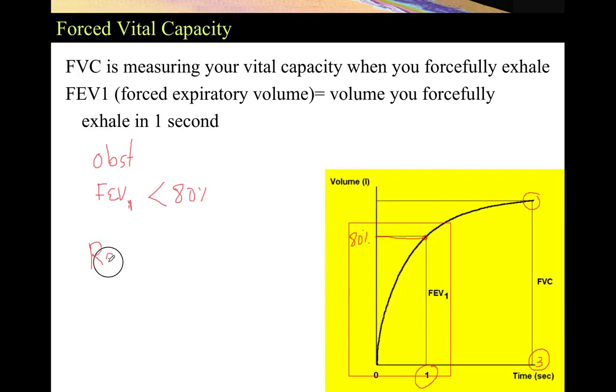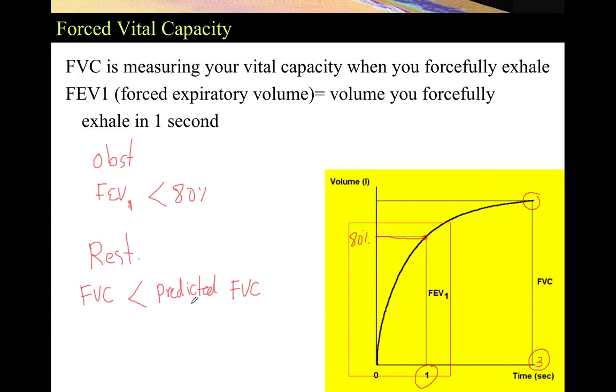However, if you have a restrictive pulmonary disease, your forced vital capacity is smaller than your predicted FVC. So what does that mean? Remember that I said your lung capacity, depending on your age, gender, and other characteristics, can be different.